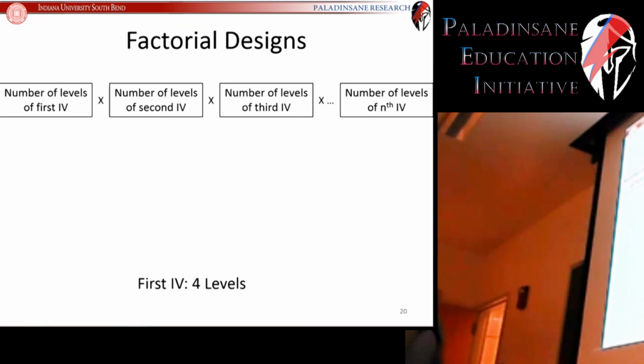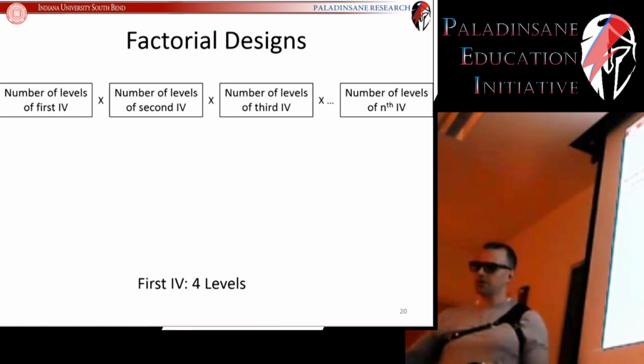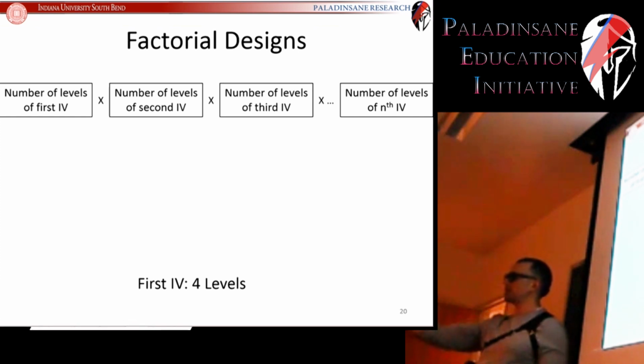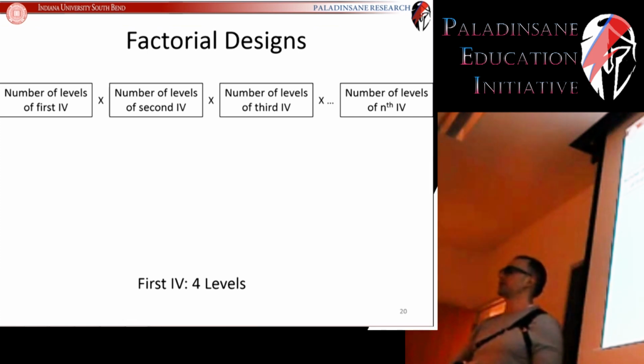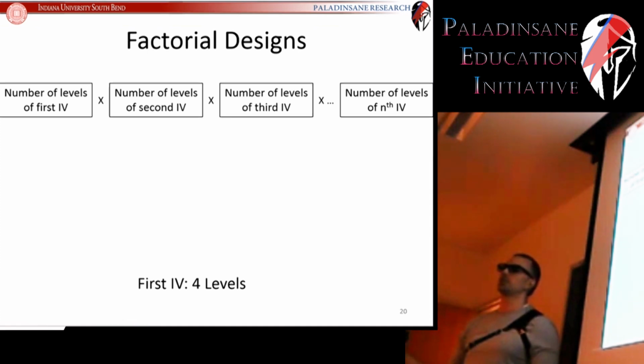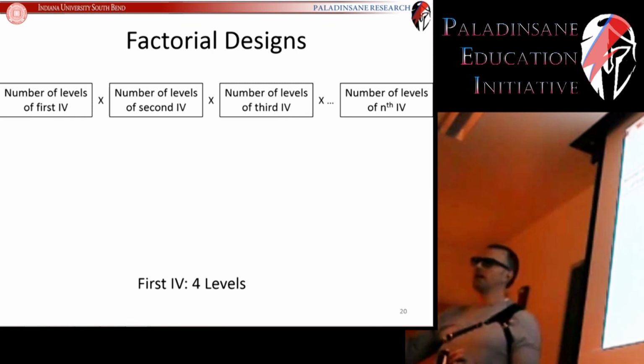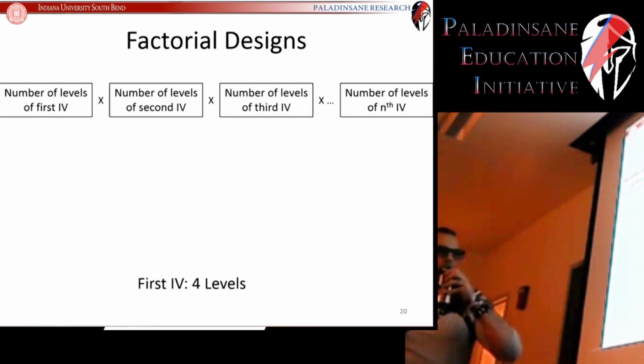In a factorial design, one way to envision it is as a continuous multiplication of every single condition that you've had. It's almost like you add another dimension to your experiment every time you add another variable.